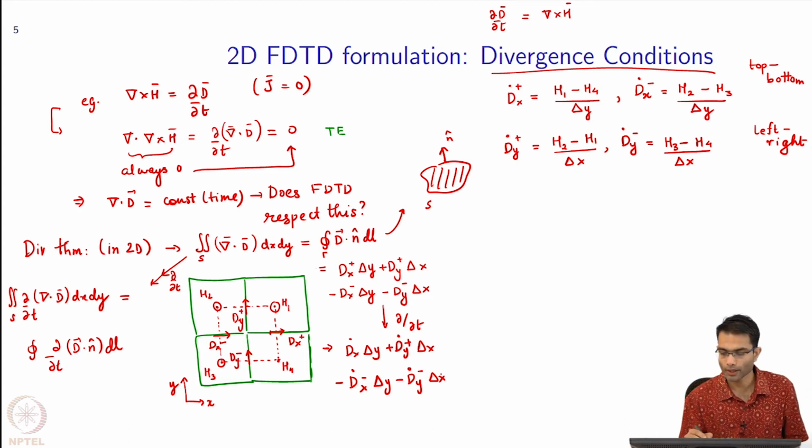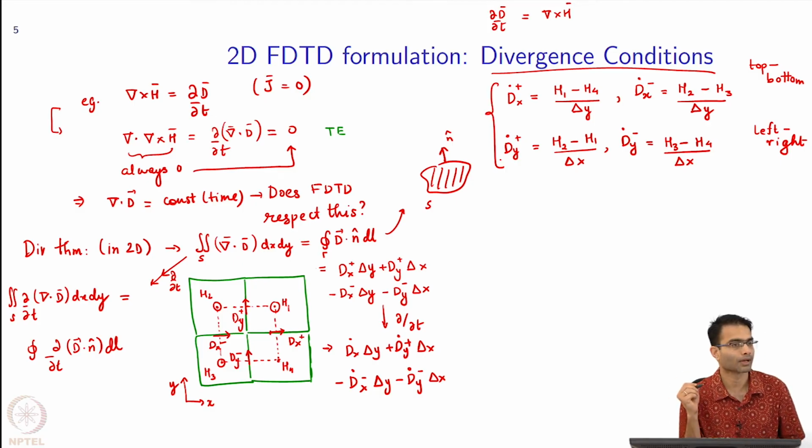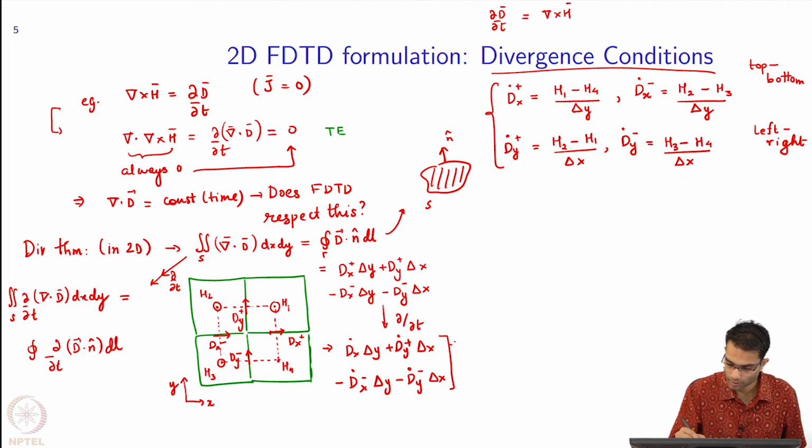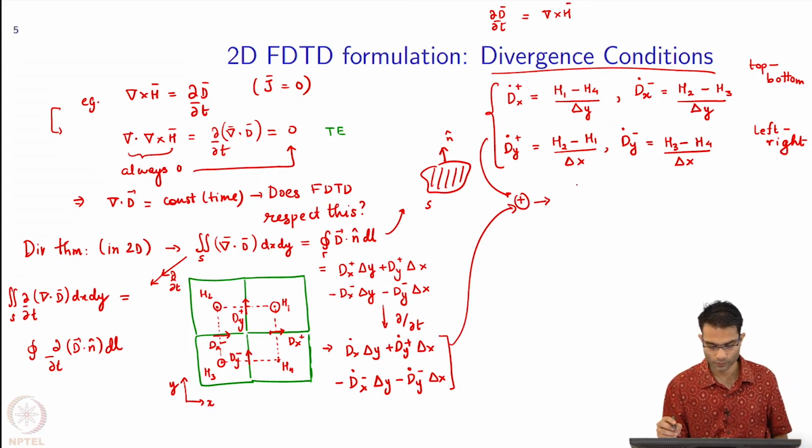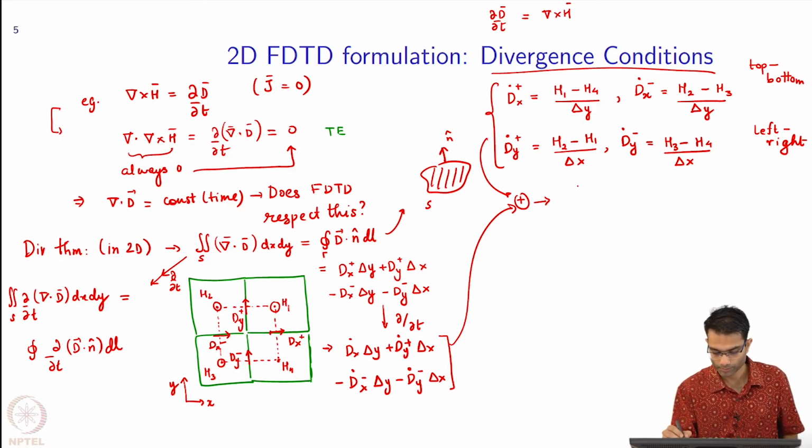Okay. Now, do I have these expressions with me? Yes, I have evaluated all of these, right? So now if I take this expression and combine it with this over here, what do I get? Let us substitute the first one, dx dot plus multiplied by delta y. What do I get? dx plus dot h1 minus h4.